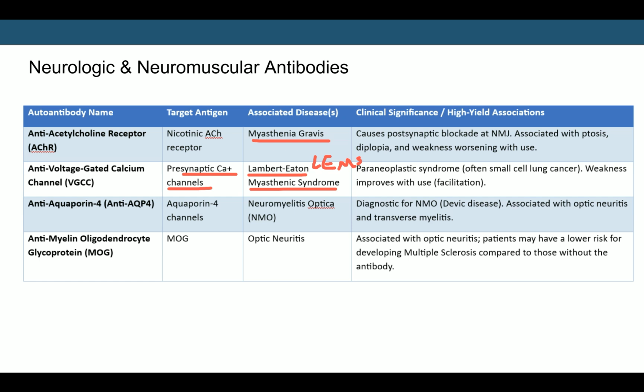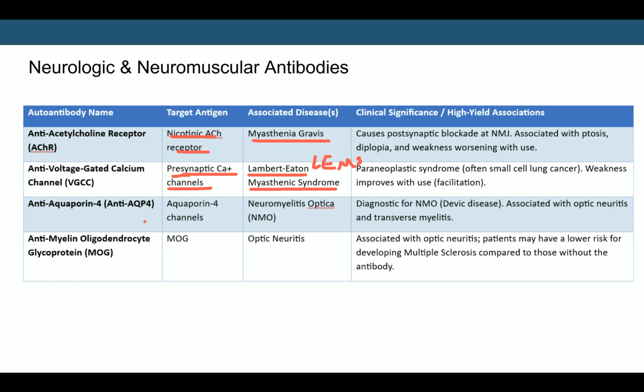So if you get a middle-aged male who smokes a lot and on X-ray has a coin-shaped lesion in his chest and has weakness that improves with use, then this is going to be Lambert-Eaton myasthenic syndrome. Which autoantibody is it? It's going to be the anti-VGCC, voltage-gated calcium channel. This is the presynaptic one. It's not the postsynaptic one. Presynaptic is LEMS. Postsynaptic is myasthenia gravis.